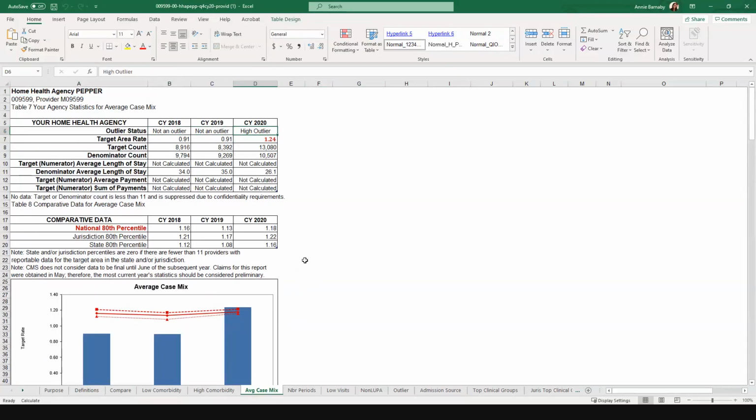calculated as a rate instead of a percentile. So those data points that are listed down that ladder image are all rates and not percentiles. So you can see here the target area rate, the target count, your denominator count, the denominator average length of stay.